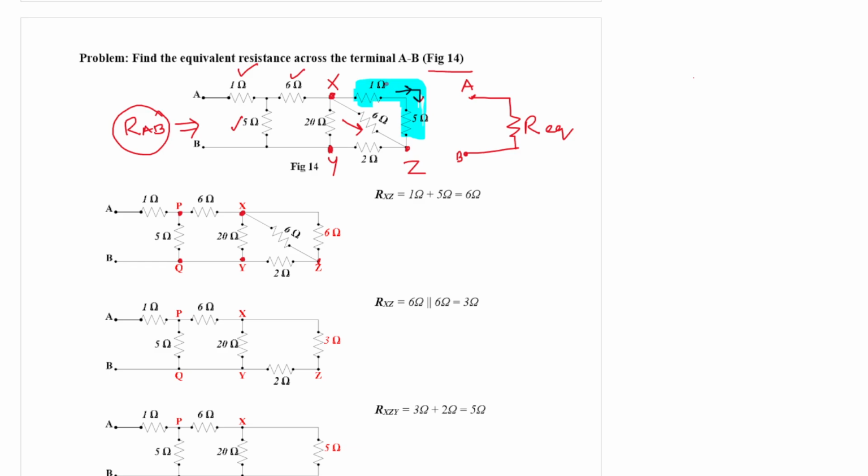So this 1 ohm resistor and 5 ohm resistor are connected in series. So in the next diagram we replace these two resistances by an equivalent 6 ohm resistance. This is the first step. So the equivalent resistance, RXZ, we have evaluated as 1 ohm plus 5 ohm, that is 6 ohm.